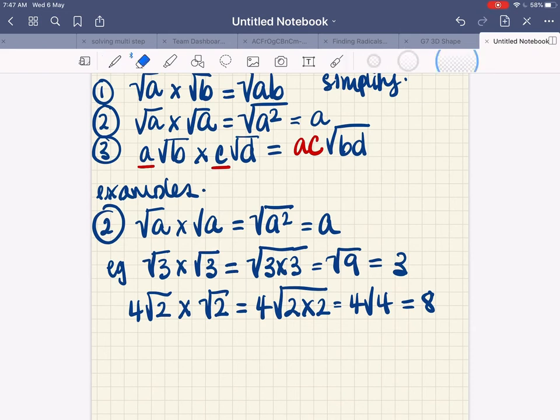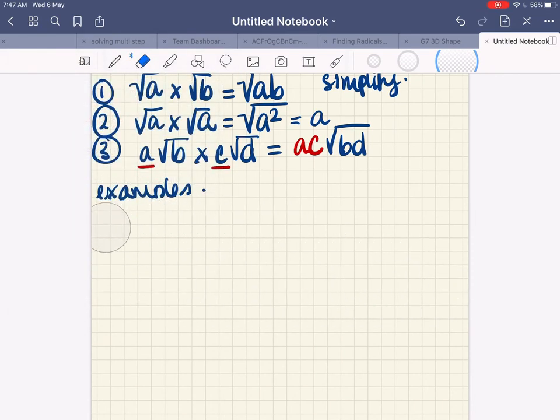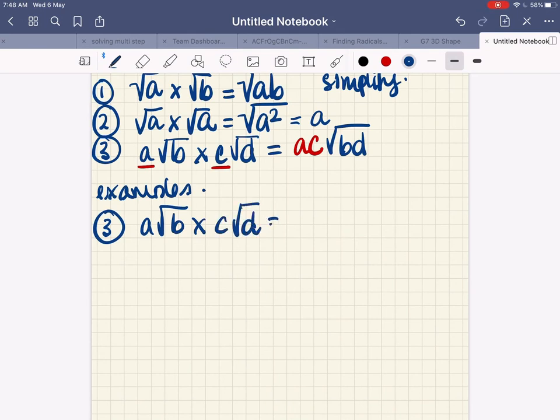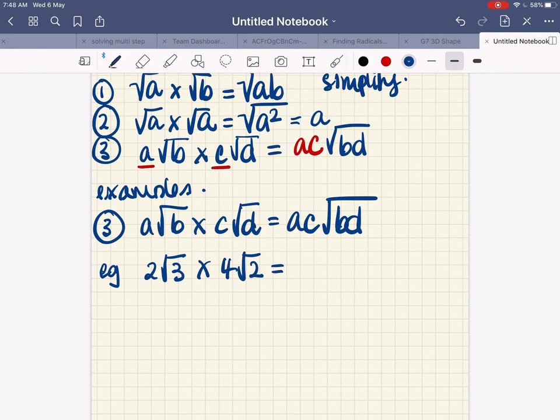And our last example, a root b times c root d is equal to ac root bd. Let's have an example. 2 root 3 times 4 root 2 is equal to 2 times 4, 8 root 6.